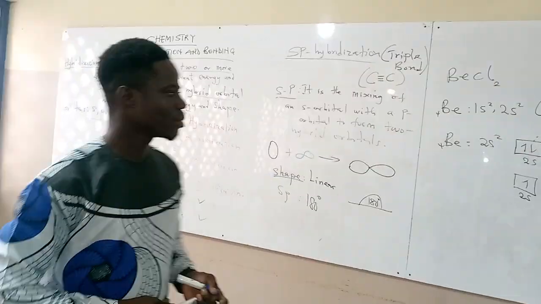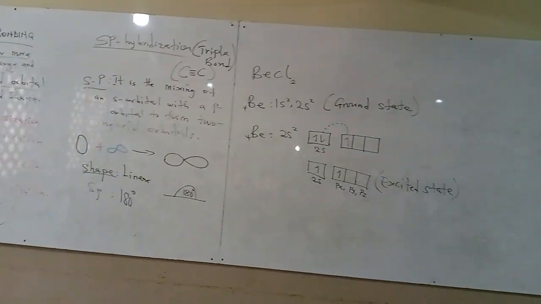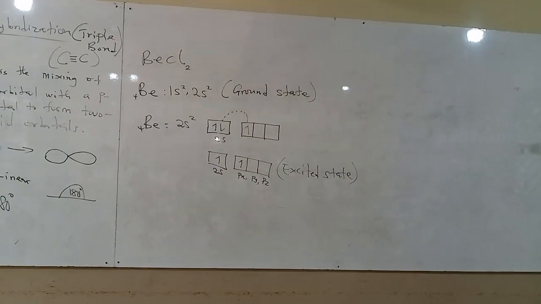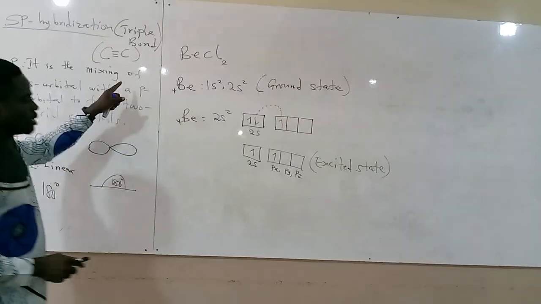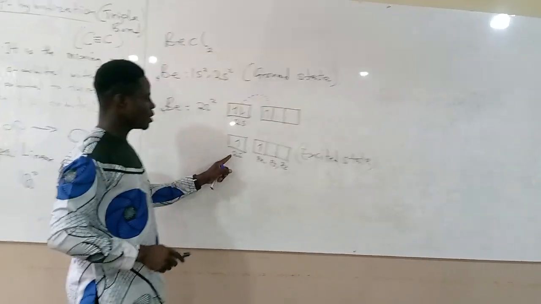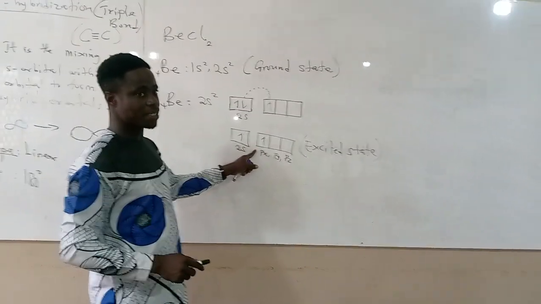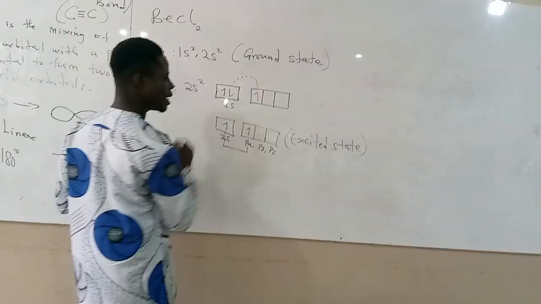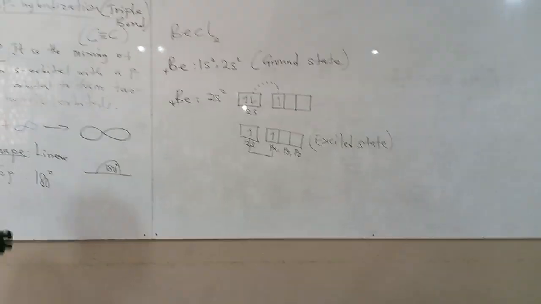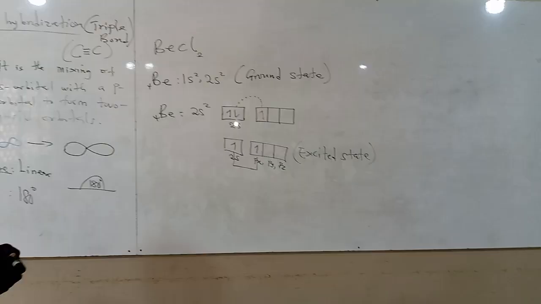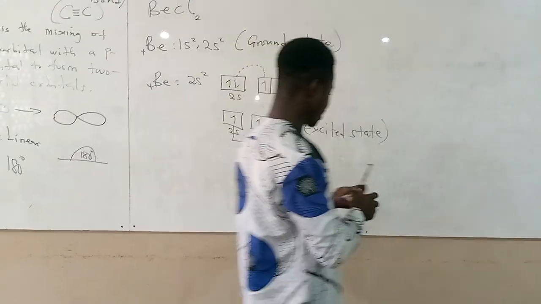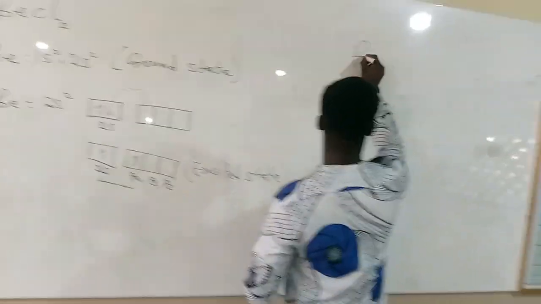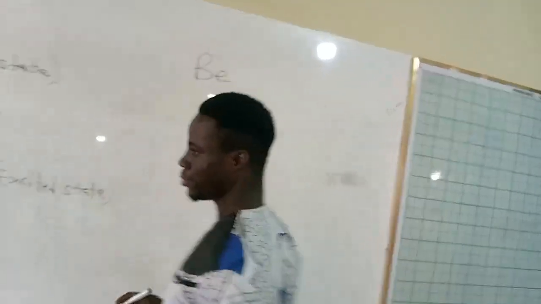In this case, we cannot mix 2 of these orbitals because we said in sp hybridization, we mix 1 s orbital with 1 p orbital. That is the meaning of sp. So what will happen is we are going to mix these 2 orbitals together like this. Okay? So I want to give us a better clarification on this. This is our beryllium.